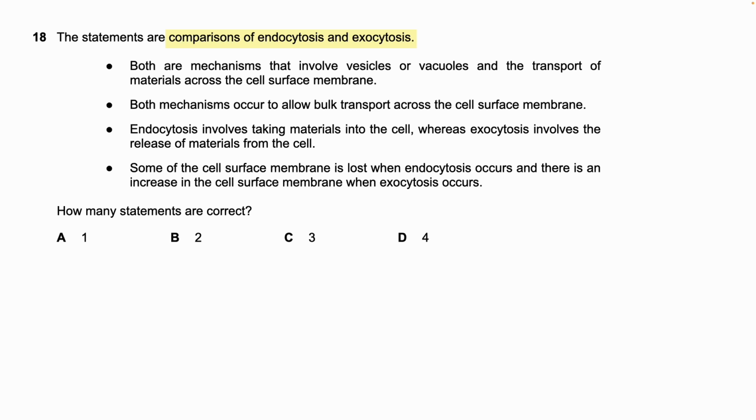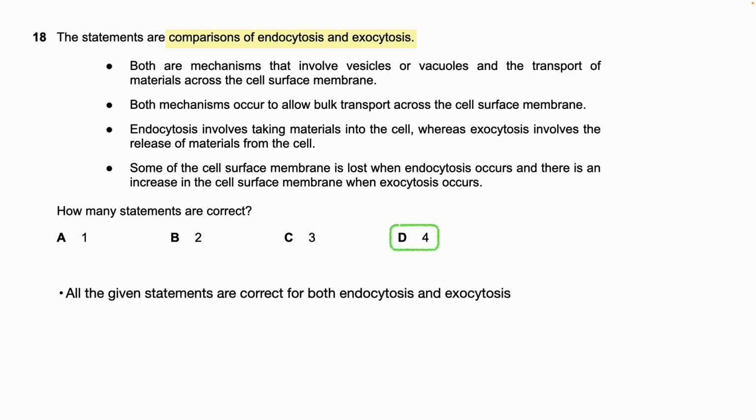At that time the cell surface membrane gets increased. So all four given statements are correct for endocytosis and exocytosis. So the answer is D.